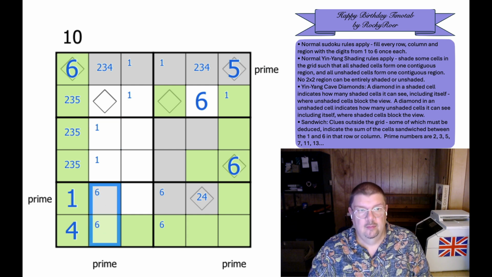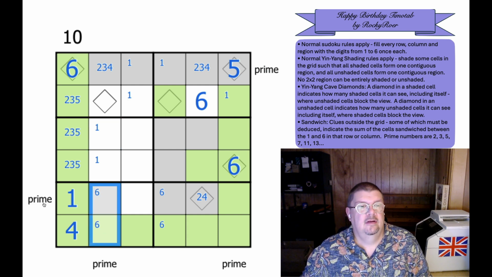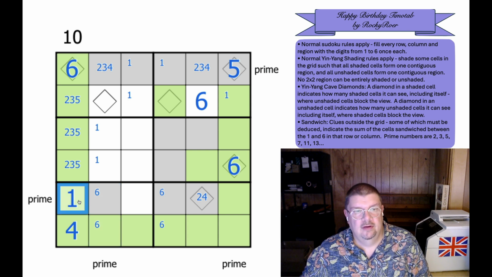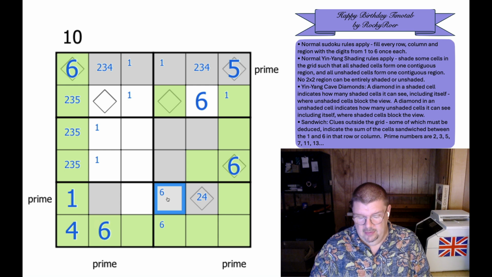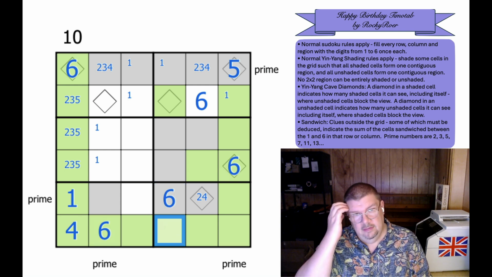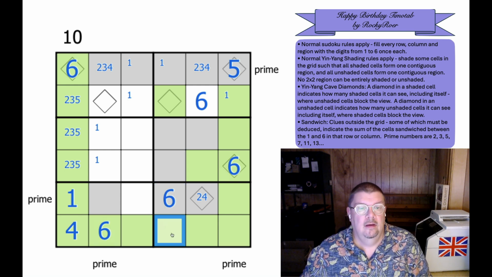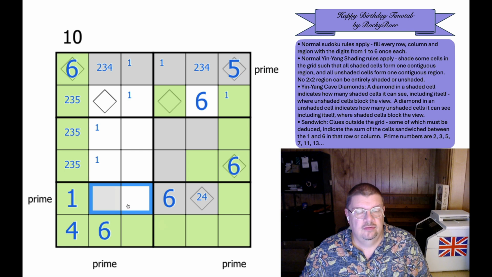So I have to have a 6 in one of those two. But this prime says it can't be this one because then my sandwich is 0. That places the 6 there. Okay, so this is 2 digits which add up to a prime number.